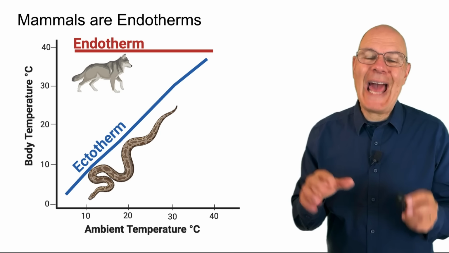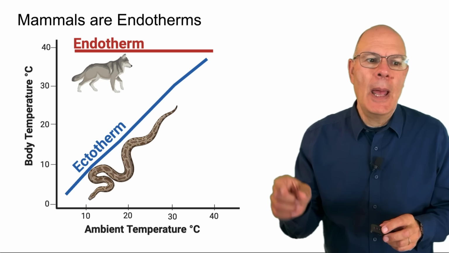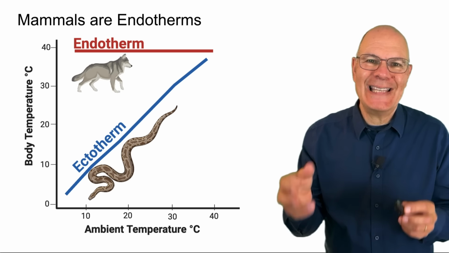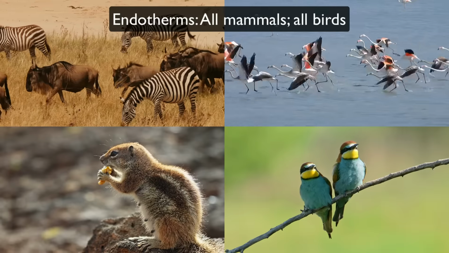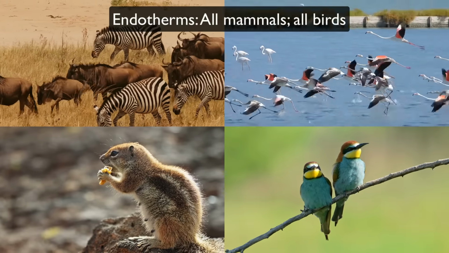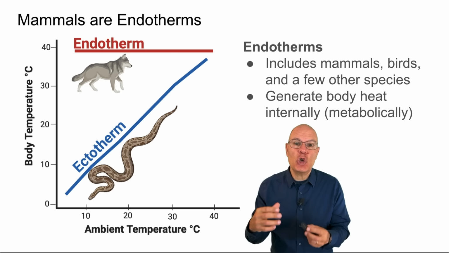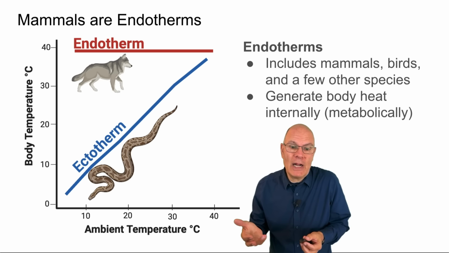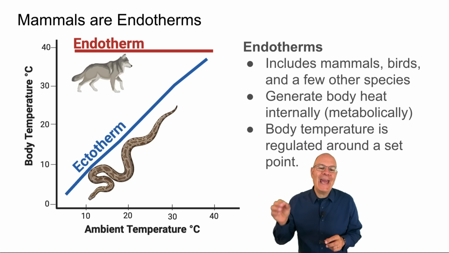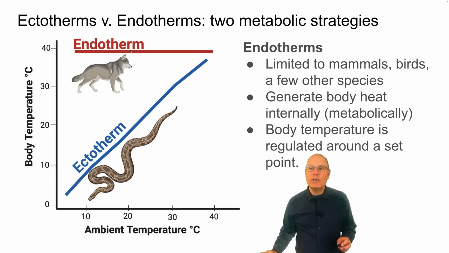In terms of metabolism and body temperature, mammals are classified as endotherms, a description that applies to all of the mammals, all of the birds. Endotherms generate their body heat internally as a byproduct of their metabolism, and the body temperature is regulated around a set point. So for example, here we see an endotherm, a wolf, and despite the environmental temperature, its internal temperature is going to stay the same.